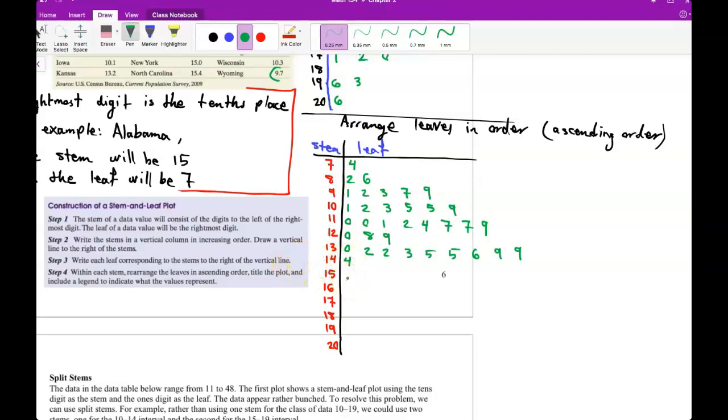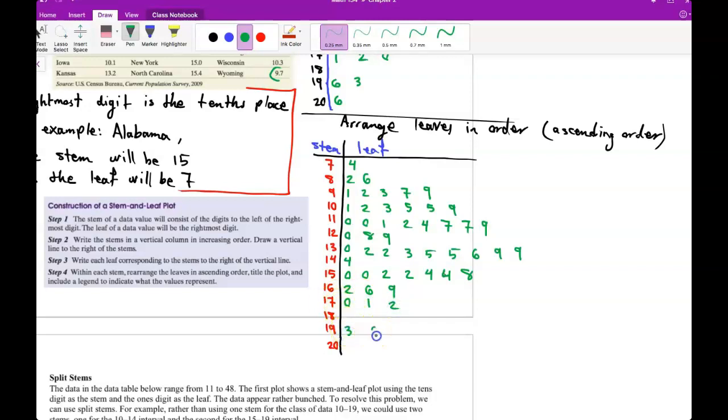For 15, we have 0, 0, 2, 2, 4, 4, 8. 2, 6, 9. 0, 1, 2. For 18, nothing.